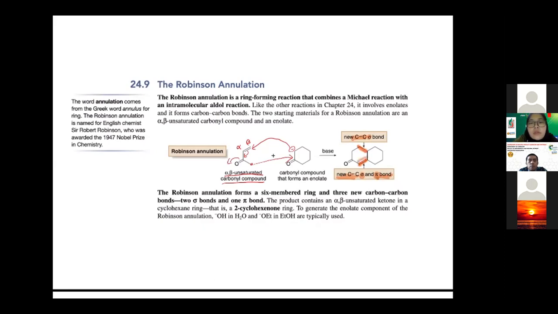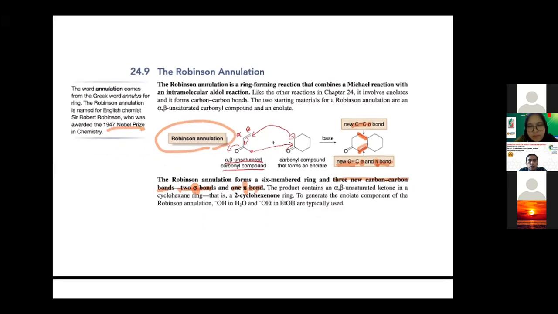So it's composed of 3 new carbon bonds, 2 sigma, 1 pi bond. Pi bond means the double bond. Yes, this is called the Robinson annulation. It's a Nobel Prize. It's a very famous structure. It's very useful, very interesting.